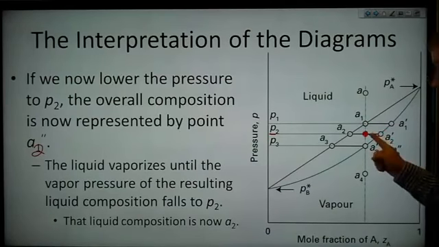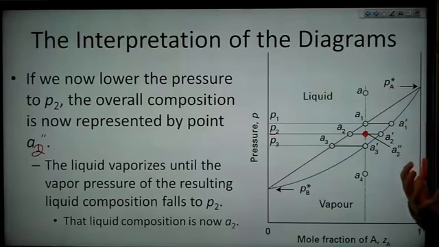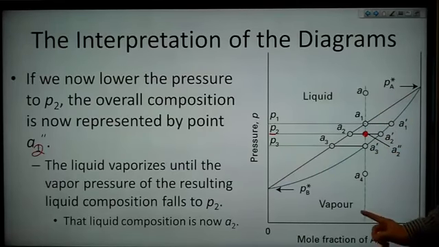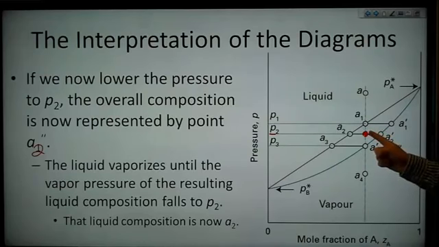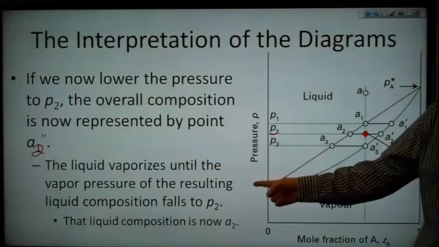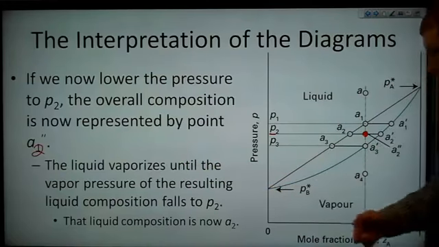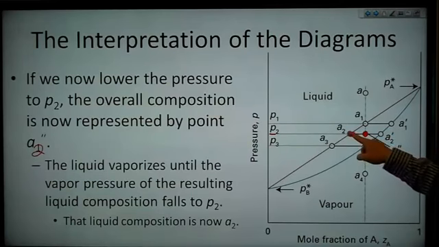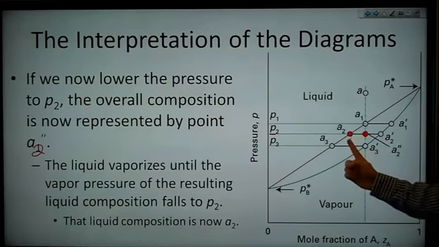That's our overall composition of the whole mixture, because we have to stay along this isopleth. But our liquid phase is no longer at that point. Note that our liquid is vaporizing until the vapor pressure of the resulting liquid composition falls to P2, which means here. There. So the liquid composition is now at this point over here.